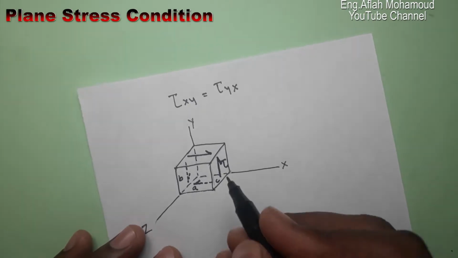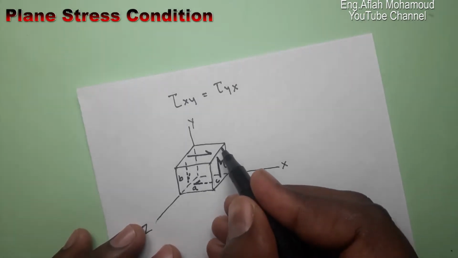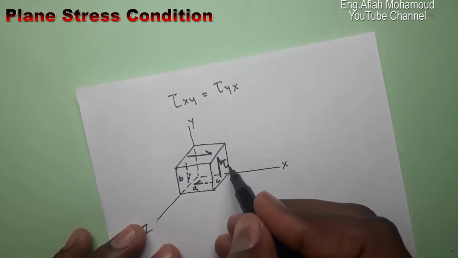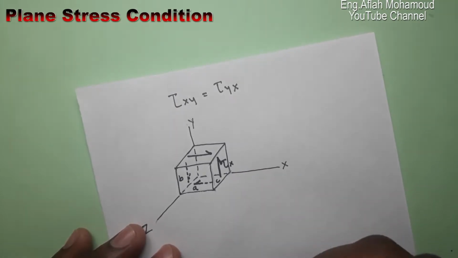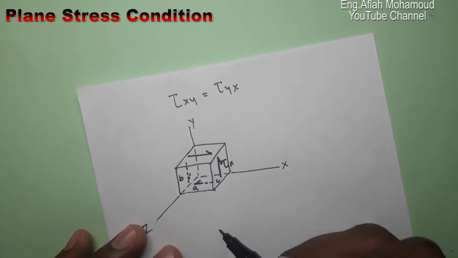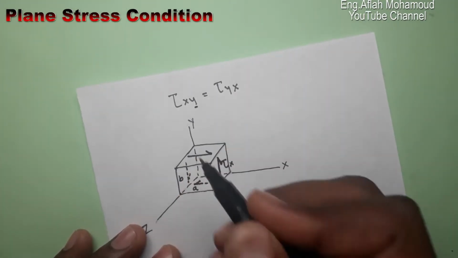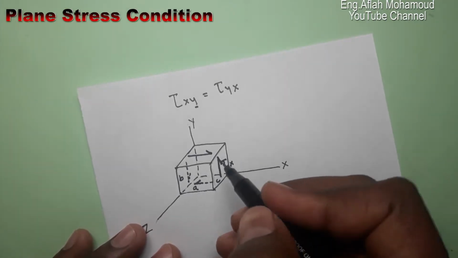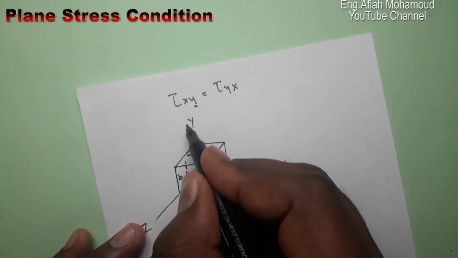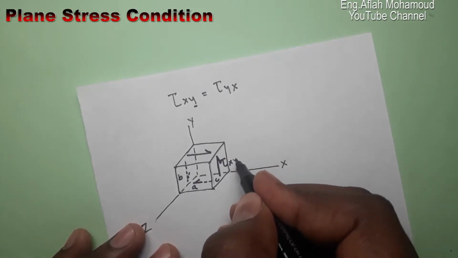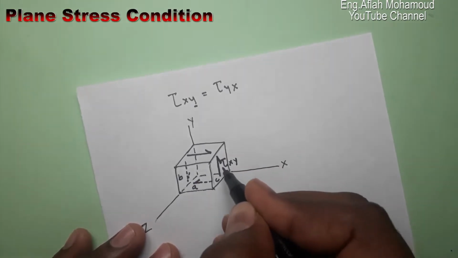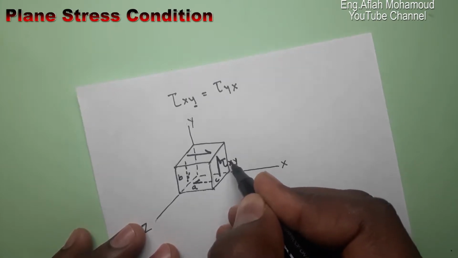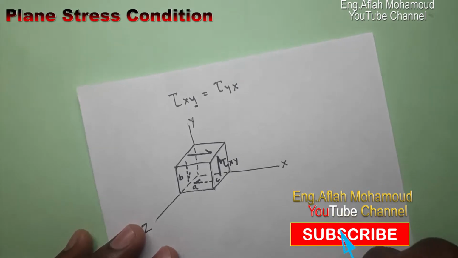This shear is acting on the x plane, so we write the first subscript x. The second subscript shows the direction of the shear, which is the y direction. So this shear is called tau xy. It's acting on the x plane in the y direction.